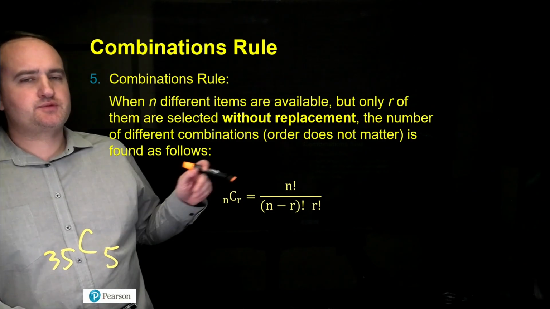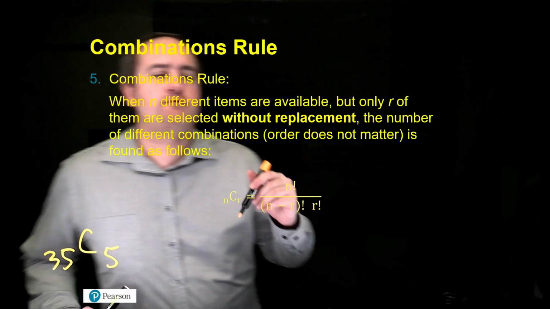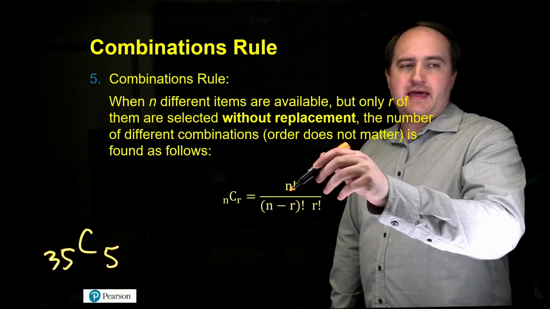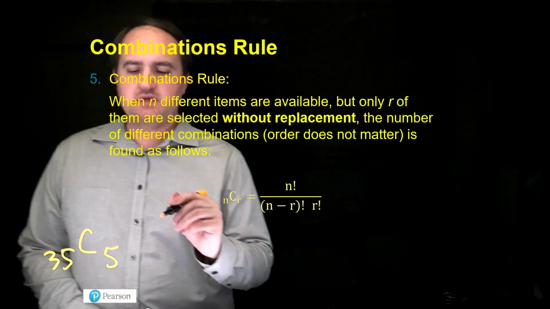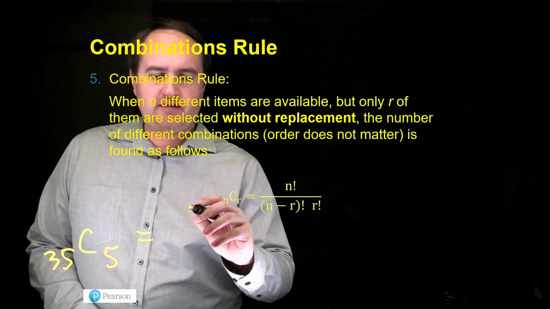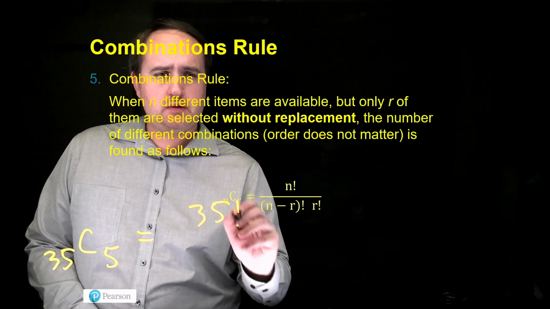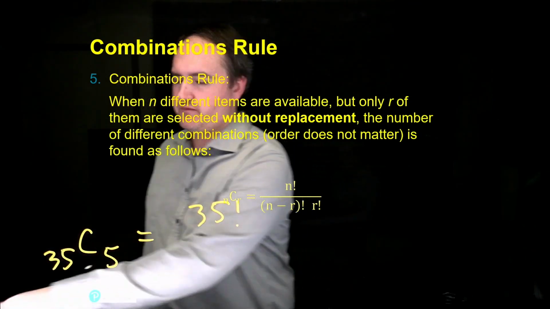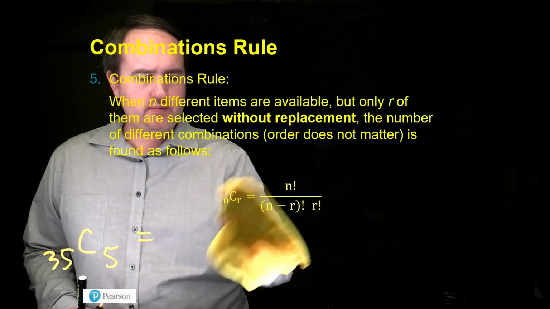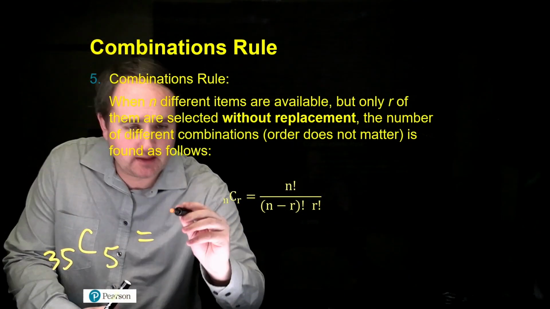So what we're going to do is plug in 35 for n. Using this formula, we're going to have 35 factorial on the top. Let me write a little bit lower so it doesn't obscure the slides.